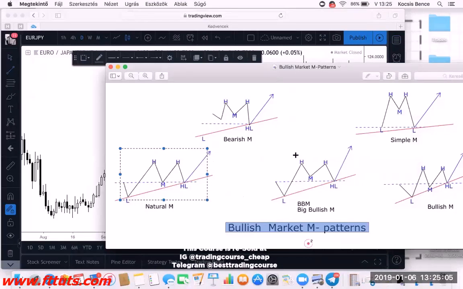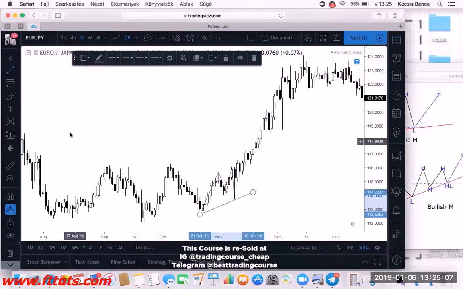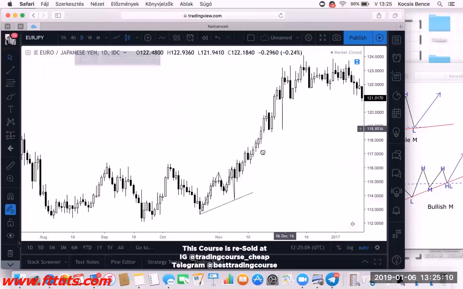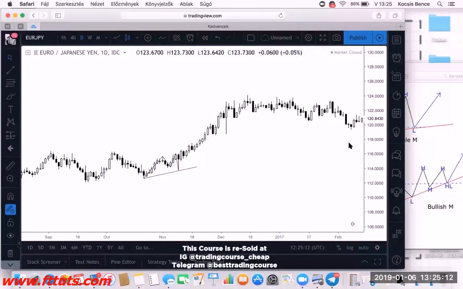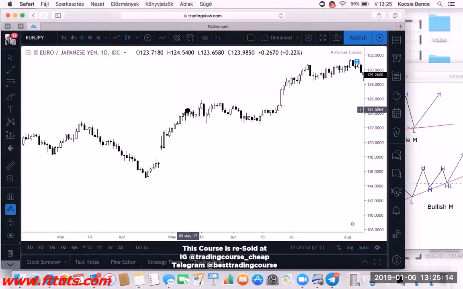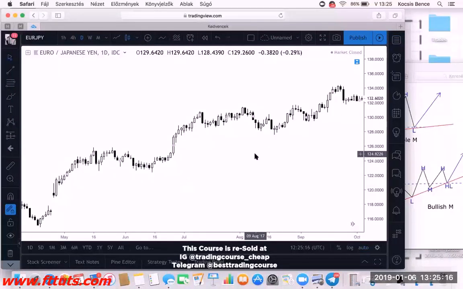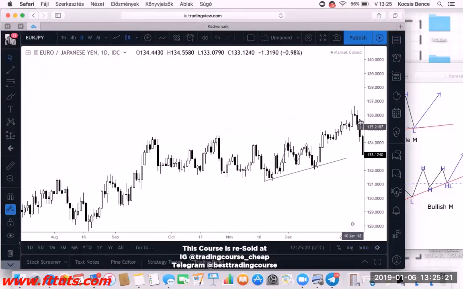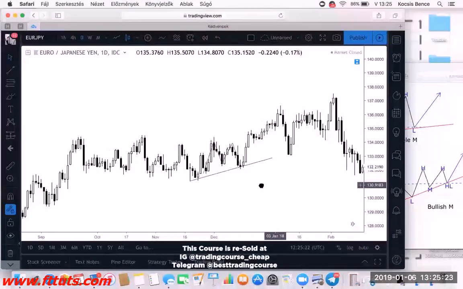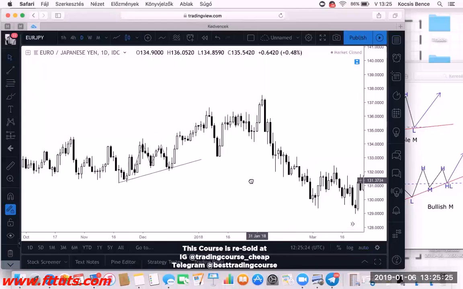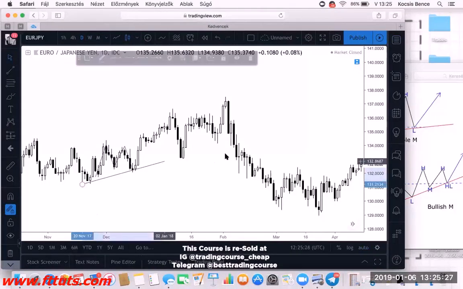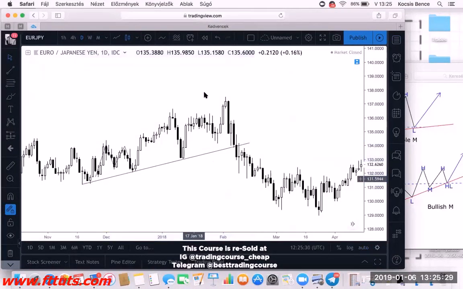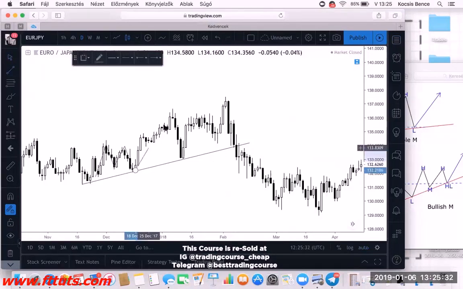Again, this is the big bullish M. Up, down, up, down.